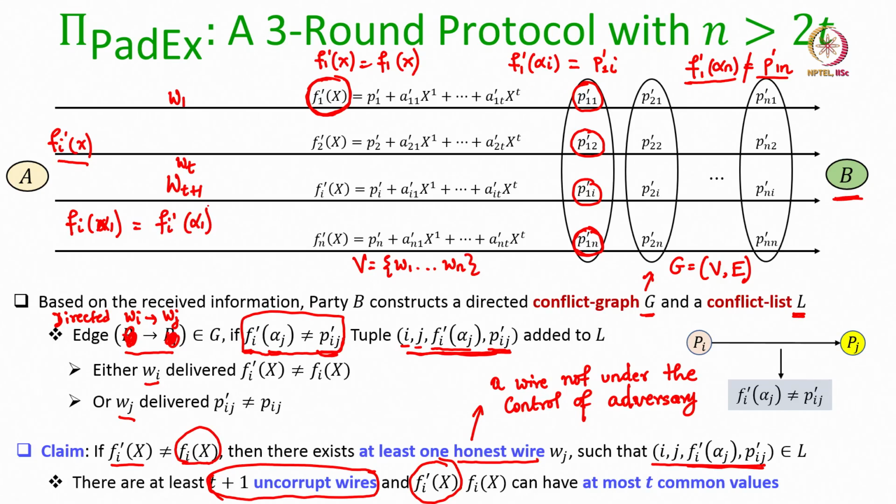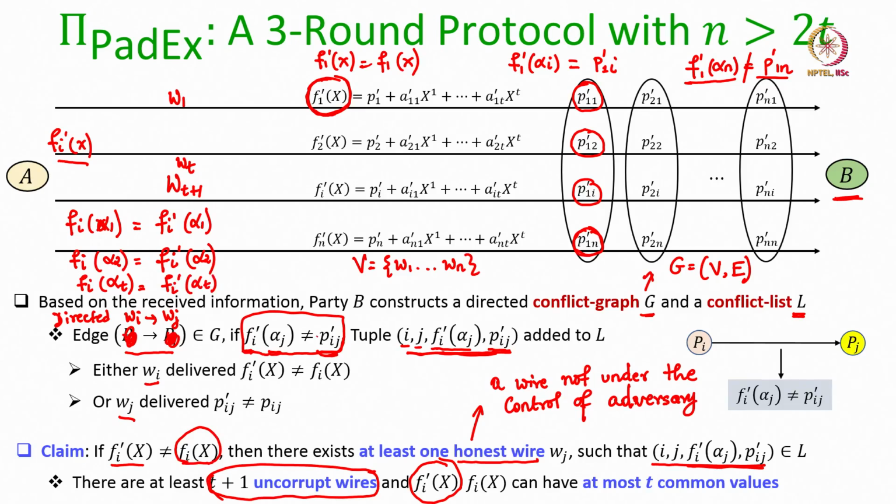In that case W1 will not be in conflict with i, and it may so happen that the actual ith polynomial at alpha 2 gives you the same value as the changed ith polynomial at alpha 2. And like that, it could so happen that the actual ith polynomial evaluated at alpha t gives you the same value as the changed ith polynomial at alpha t.